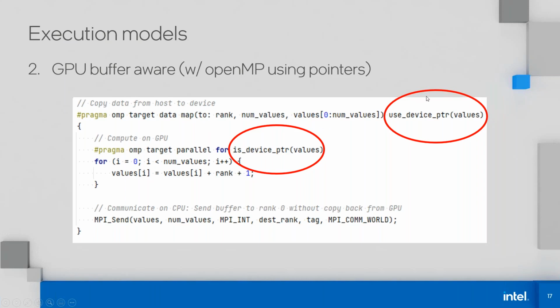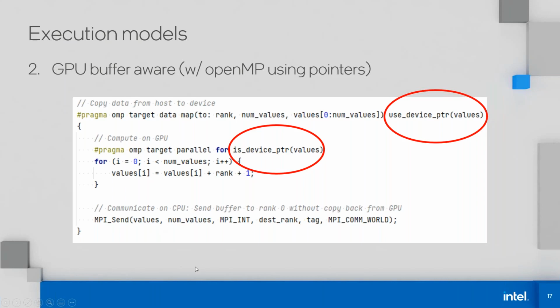And we need to tell OpenMP use device pointer in the first pragma and is device pointer for the second pragma. And after that, all pointers to values here are pointers to GPU memory, to device memory. So here is again compute on GPU, and MPI send is communicated on CPU. But now we provide a pointer to values, and MPI can optimize this communication.